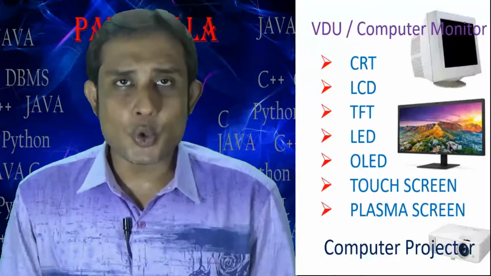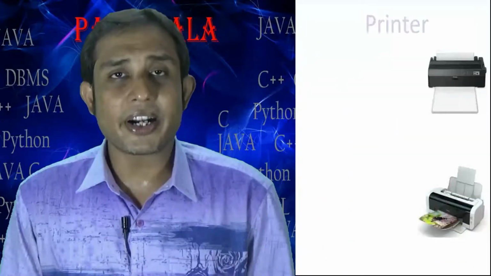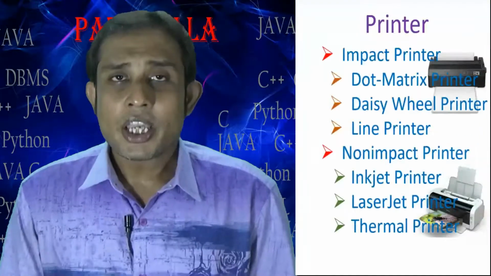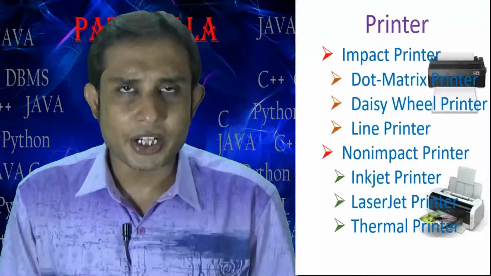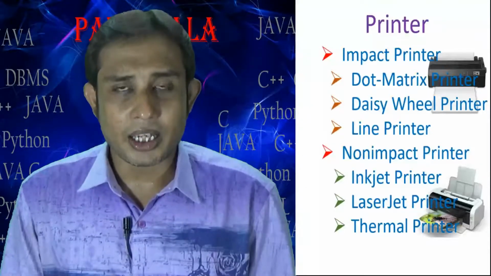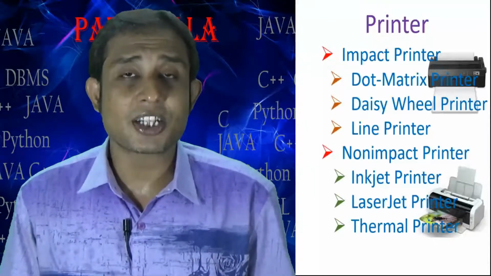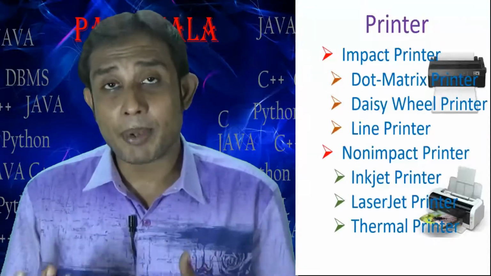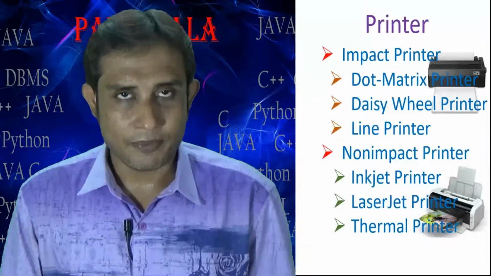According to the technology used in the printer, printers are categorized basically into two types: impact printer and non-impact printer. Impact printer is a type of printer where contact between the ink ribbon and the paper actually takes place.